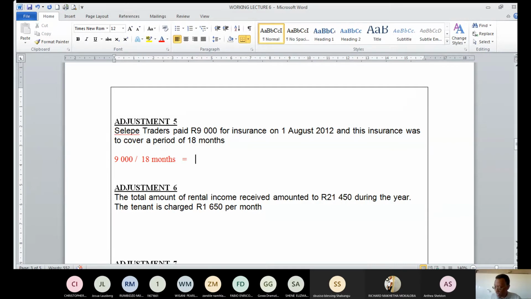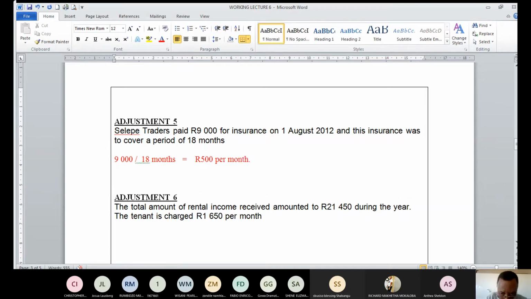So if you take your 9,000 and you divide the 9,000 by your 18 monthly payments, you will see that you are paying 500 Rand per month. Now let us take a look at our payment. We have paid for August and September and October, November, December of 2012, January, February, March, April, May, June, and July.